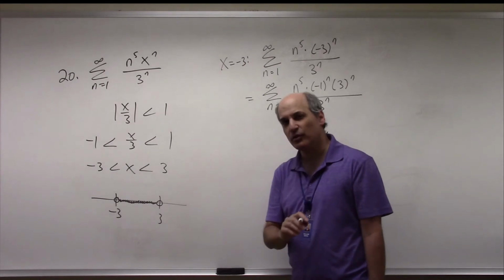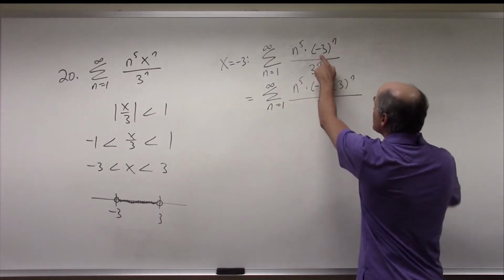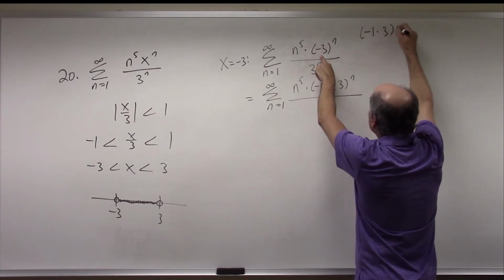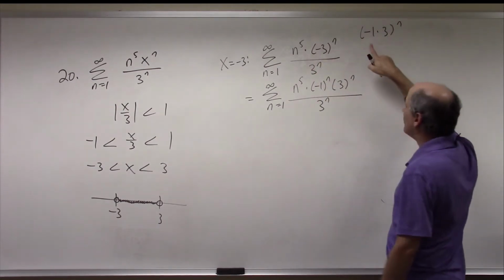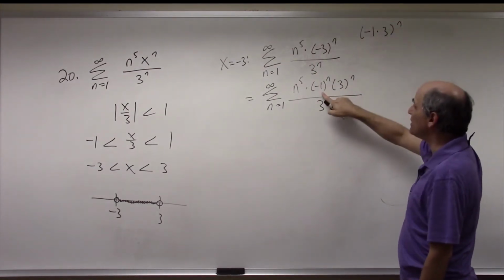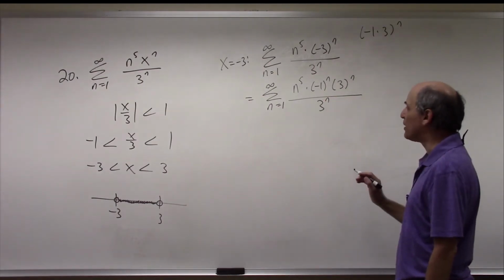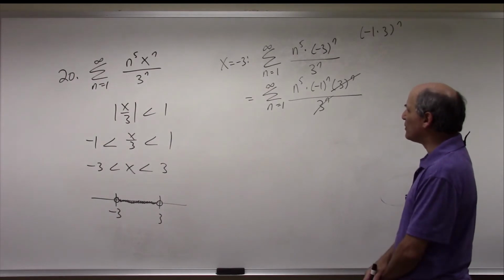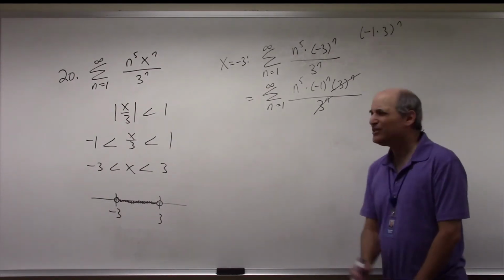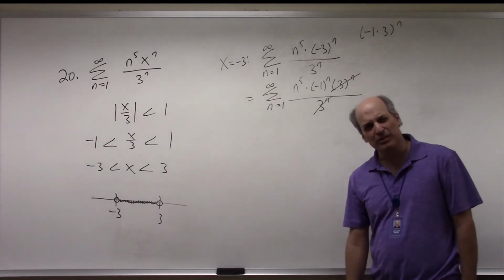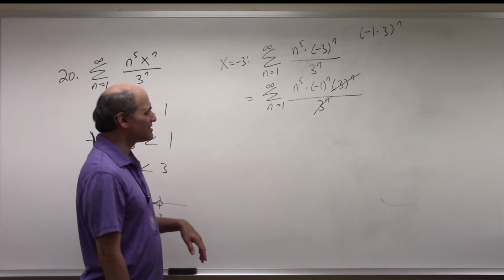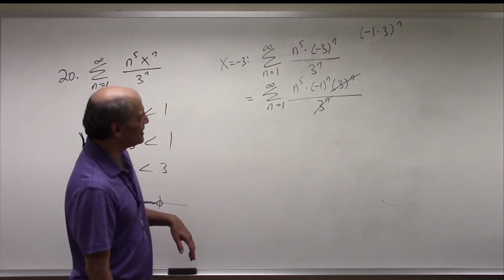If it's not clear what I did, I just wrote negative 3 to the n as negative 1 to the n power times 3 to the n power. But now the 3 to the n power in the top and the 3 to the n power in the bottom cancel. But notice n to the fifth is in the top, not the bottom. So this series is going to be a bit of a mess.